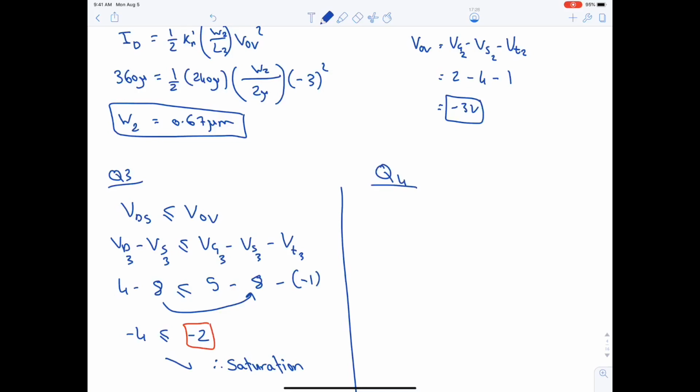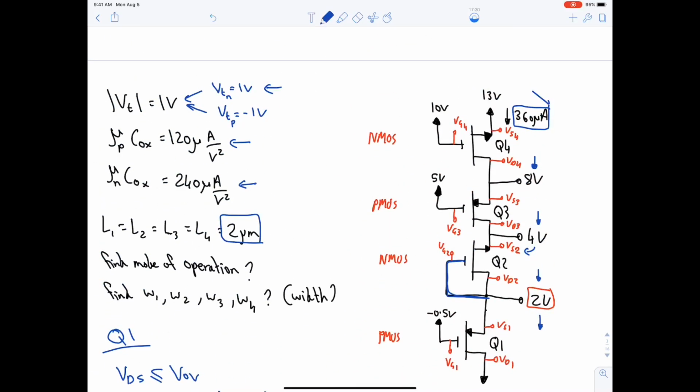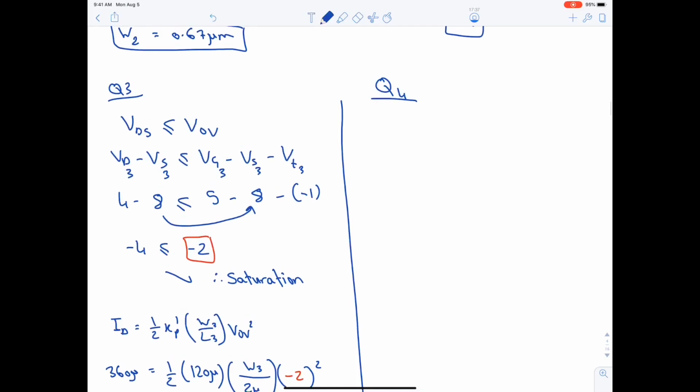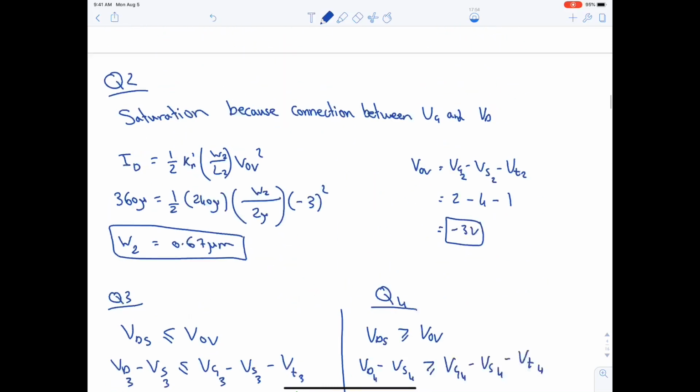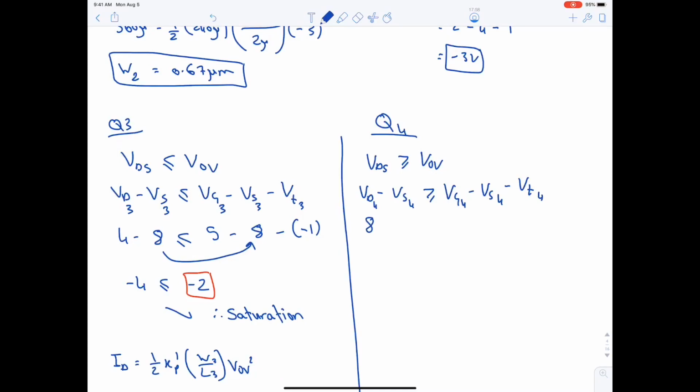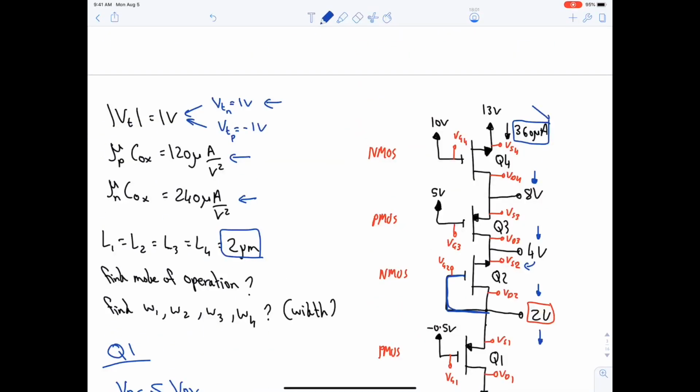Okay, let's do Q4. It's NMOS, so we have to check. The check for NMOS is VDS greater than or equal to VOV. VD minus VS is greater than or equal to VG minus VS minus VT. VD4 is 8. VS4 is 13.